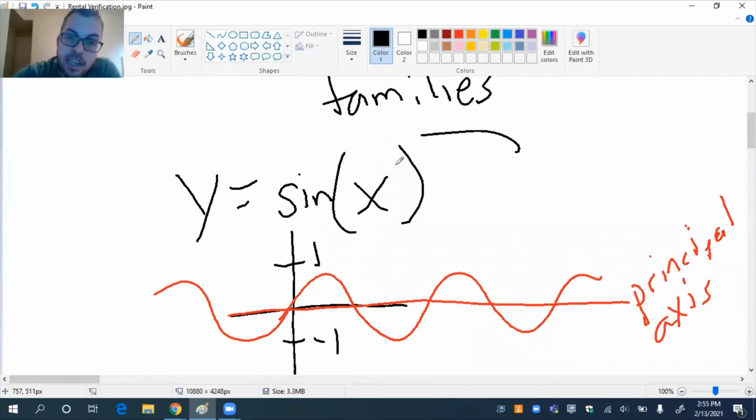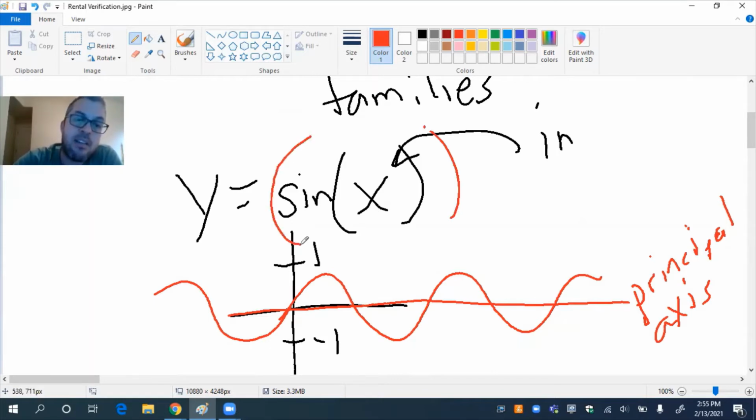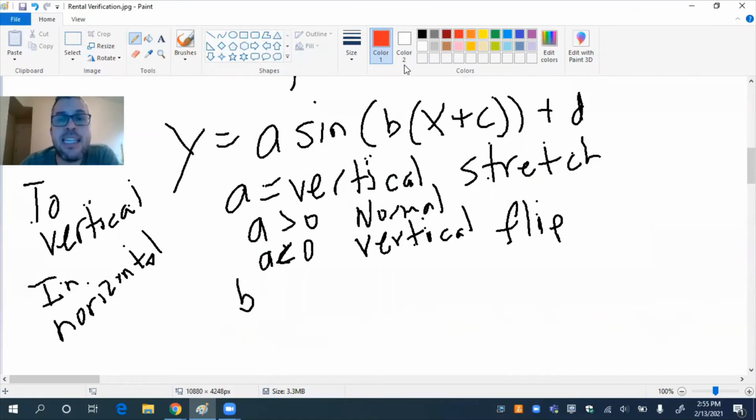Here, this value is in the function. That would be something in the function. And if we do something to the function, it would be to all of this, right? So a would be on the outside, while b is in the function. So we have a horizontal stretch.